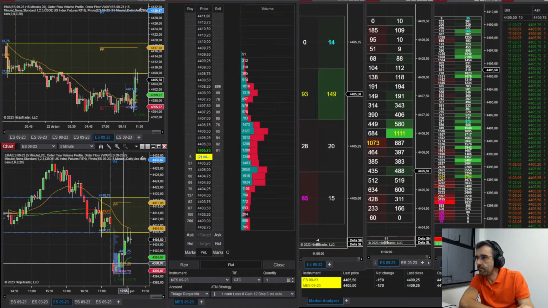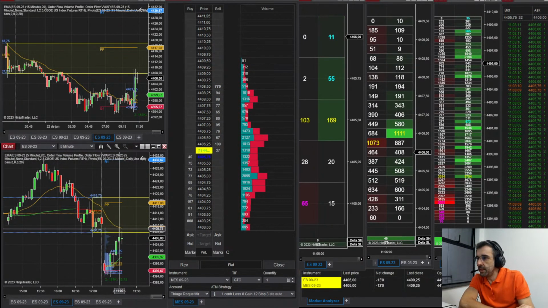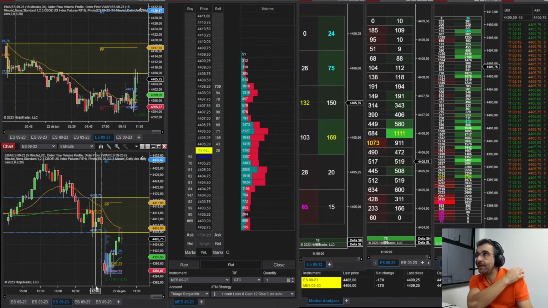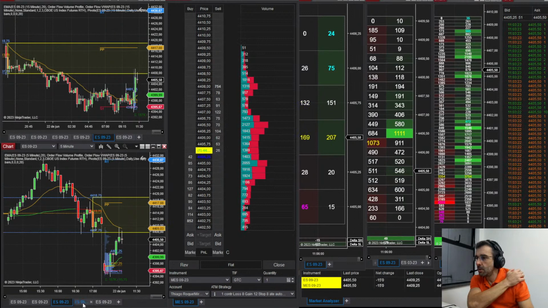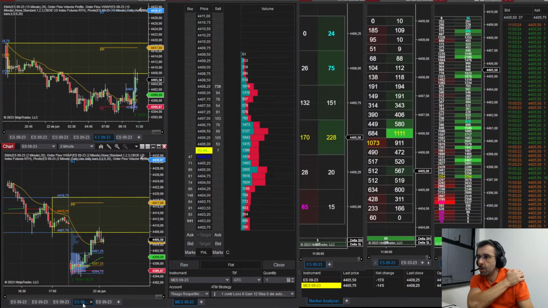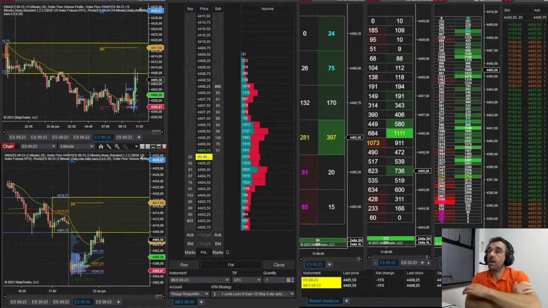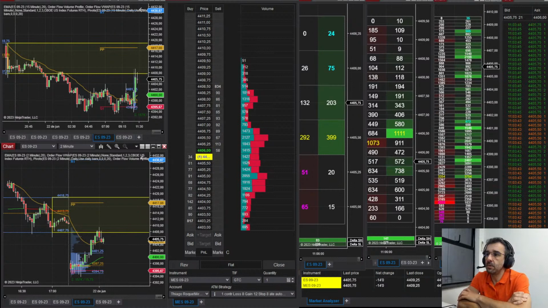In the 5-minute, we see here that the high was right at the moving average. Let's keep an eye here on the 650, okay? Let's say 7, because it could pass a bit and then turn back. But anyway, 650, 675 is where we have the highest volume.